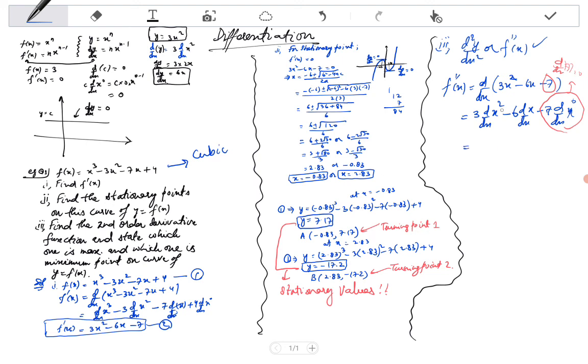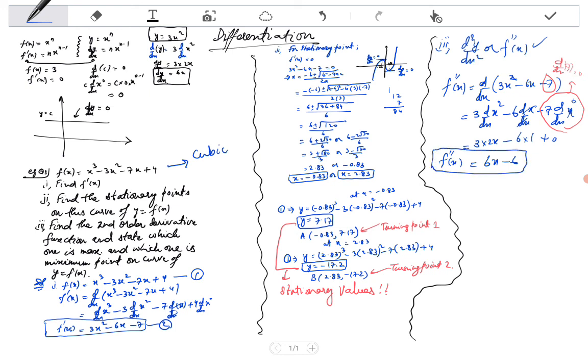Now x square becomes, according to the formula, 2x, and when it is multiplied with 3 it becomes 6x, and then dx cancels, so it's simply 1, and this is 0, so plus 0 is unnecessary, but if you want to mention it you can. So 6x minus 6 is my final answer for f double dash of x, the second order derivative of the function.